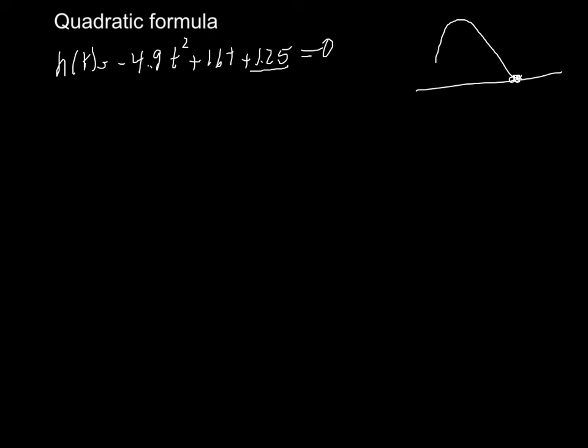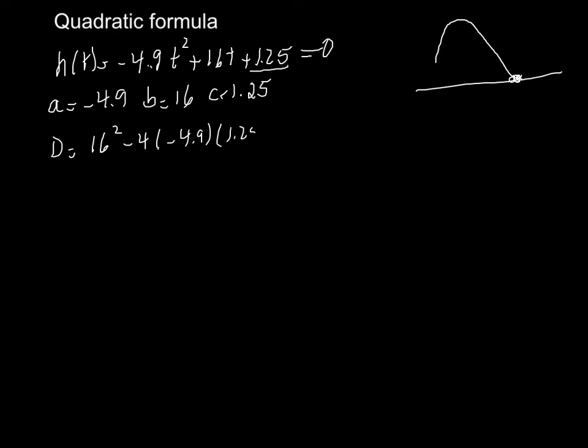From this equation, we can see that a is negative 4.9, b is 16, and c is 1.25.